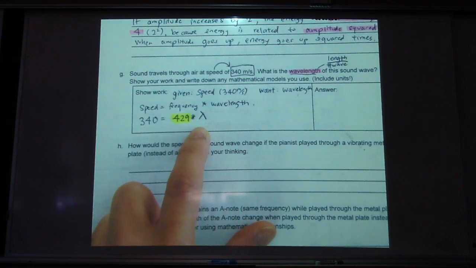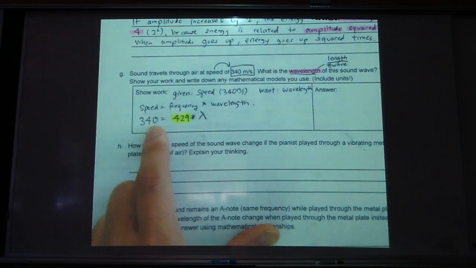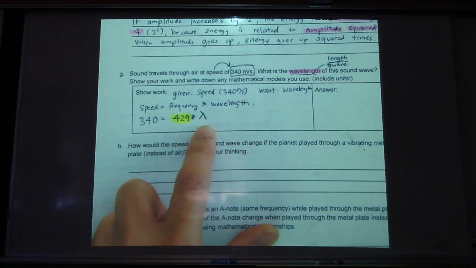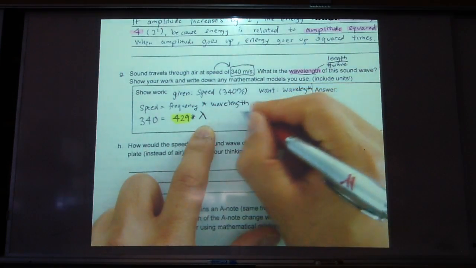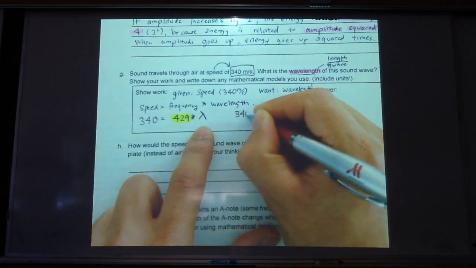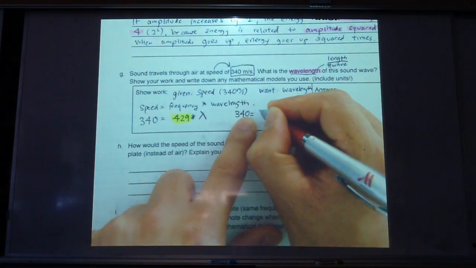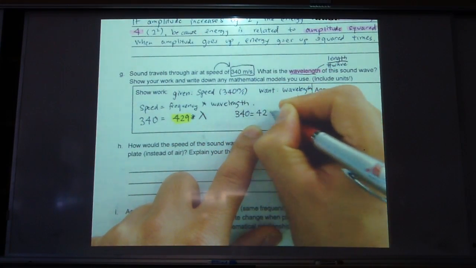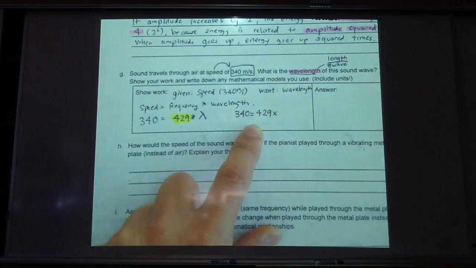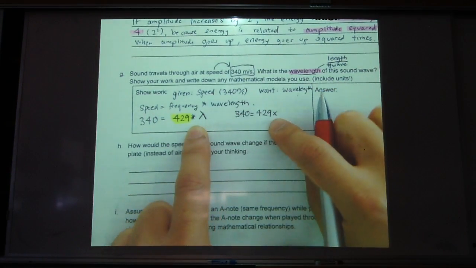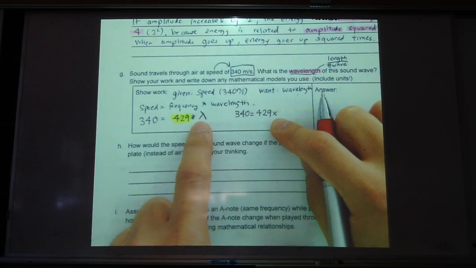Okay, so this just becomes a normal algebra problem. You have 340 equals 429 times some number, which I know for a math class, you're more used to seeing this as 340 equals 420 times x. Because x is just some number, which is what we have here.